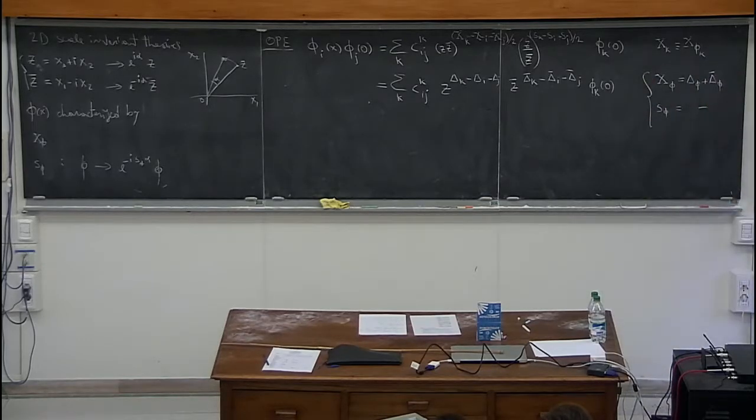So the scaling dimension is the sum of these so-called right and left dimensions, or conformal dimensions, as we are going to call them in a second, and the spin is the difference.